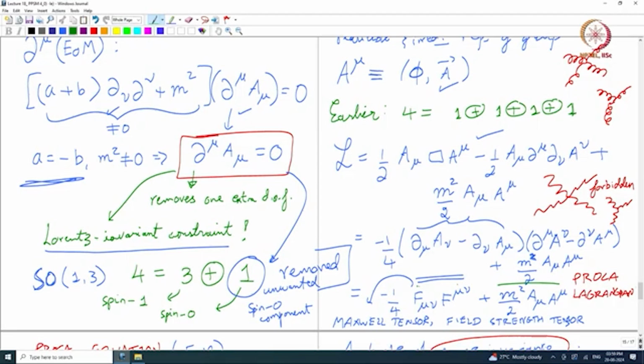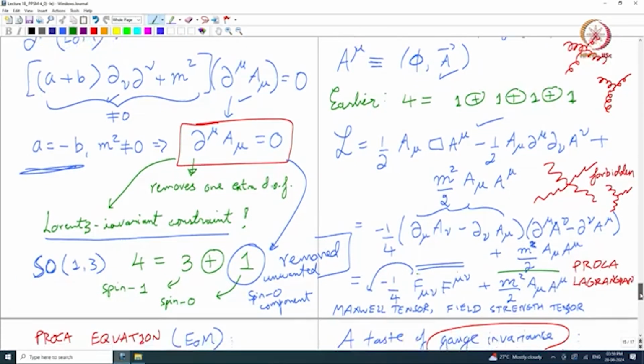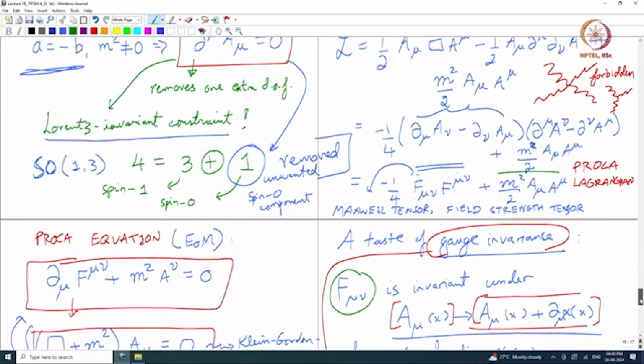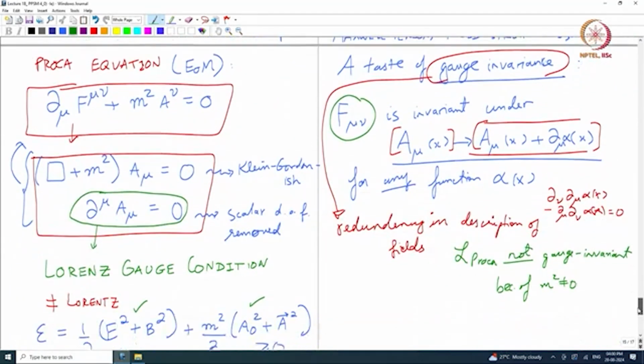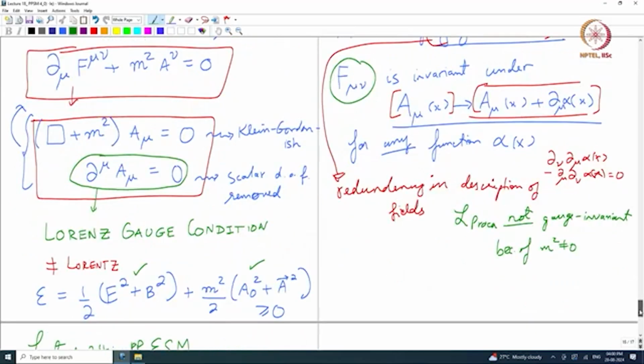4 vectors are reducible representations of the Lorentz group, they break down into 3 plus 1 and you remove the 1, right. And when we wrote down the Lagrangian, we made use of the Maxwell tensor or the field strength tensor notation and ended up with writing the equations of motion, which are also known as the Proca equation in this case.